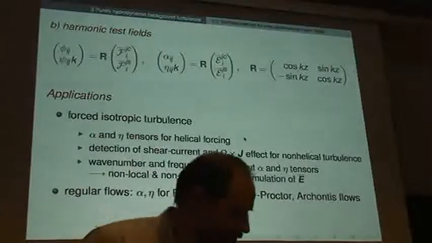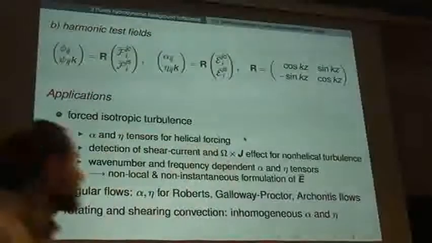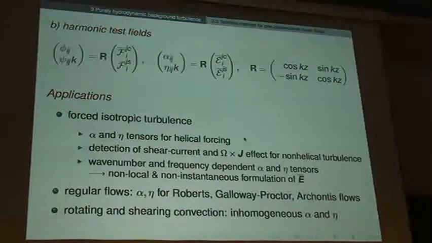And last but not least, this was Petrie's work mainly. It has been done for rotating and shearing convection with a view to applications to the sun. And here we have inhomogeneous alpha and eta profiles, because you may imagine that the convection in the convection zone of the sun is not a homogeneous thing, but has for sure a z dependence or a depth dependence.